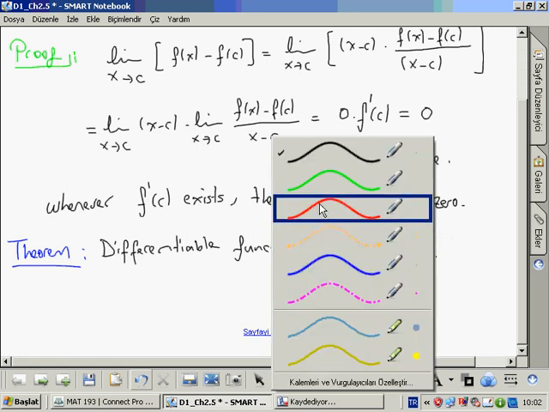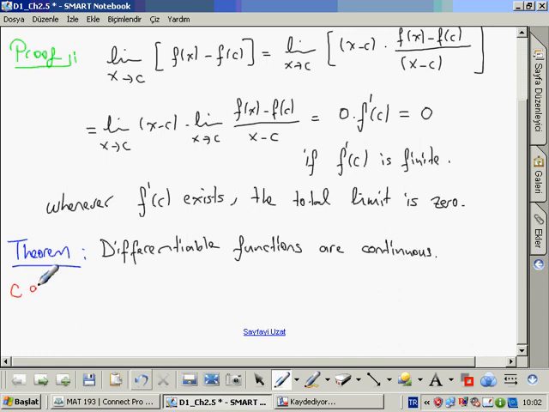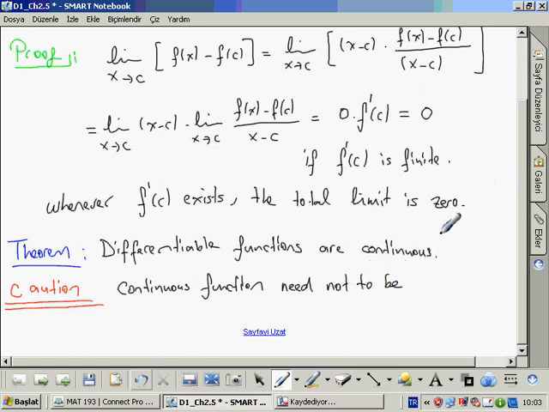And please, caution: a continuous function need not be differentiable.